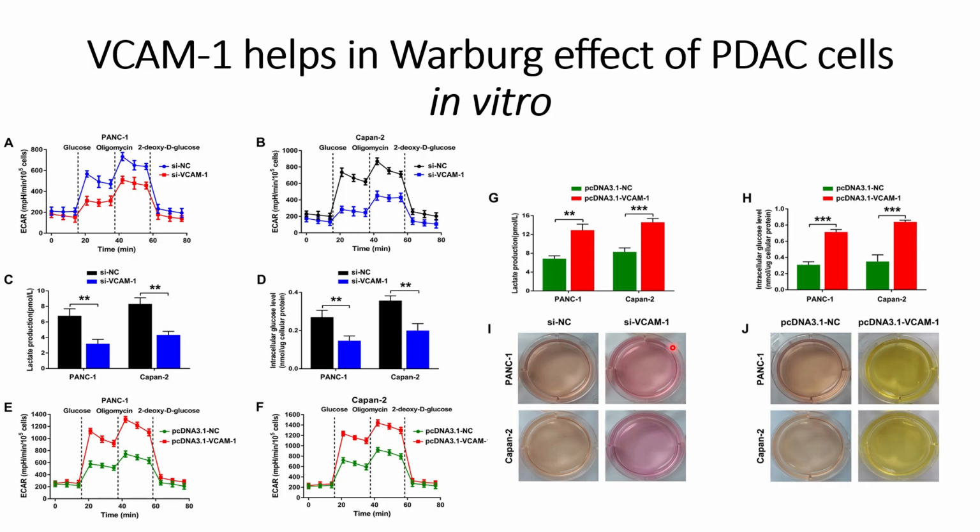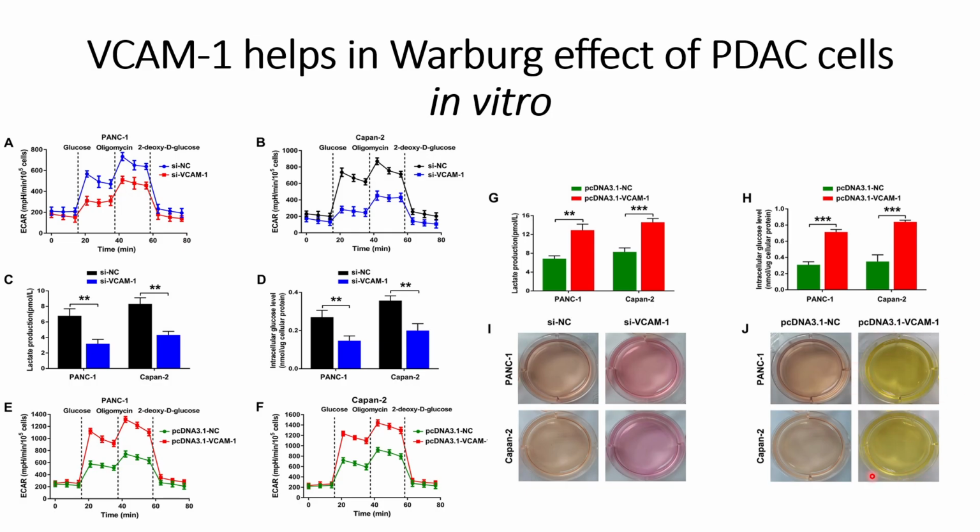So when VCAM is knocked down using silencing RNA against VCAM-1, we can see that the color of the medium does not change, indicating that the pH does not become lower. However, when they overexpress VCAM-1 using pcDNA 3.1, they can see that there is a color change.